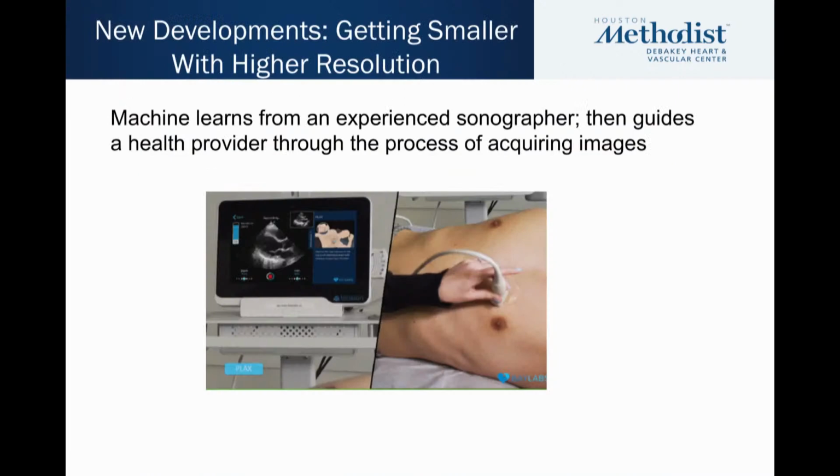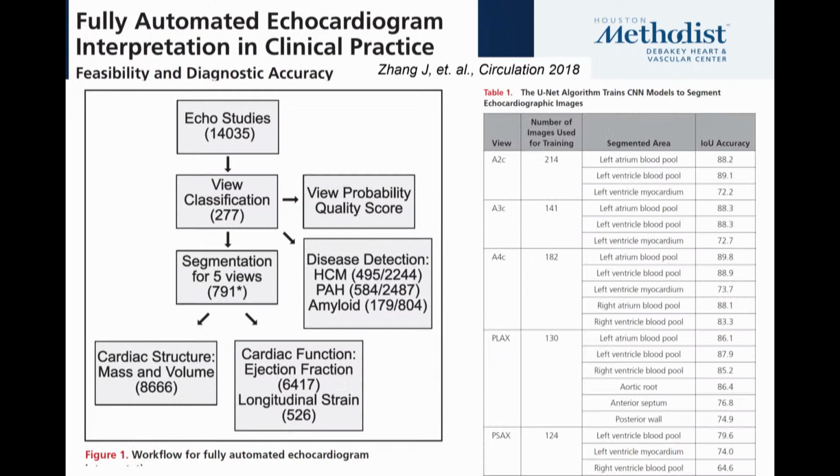As the machine learns from an experienced sonographer, it can then guide an inexperienced health provider through the process of acquiring the images. And then, as shown in this paper by Zhang, these images now can be automatically interpreted by the system with the AI and look at all kinds of different areas and produce a report.